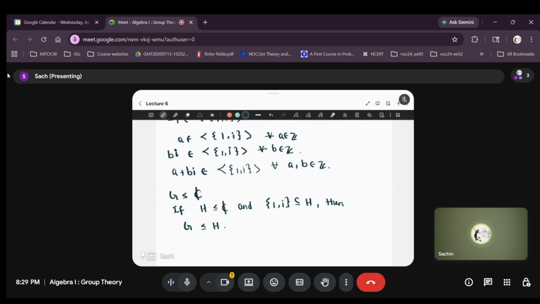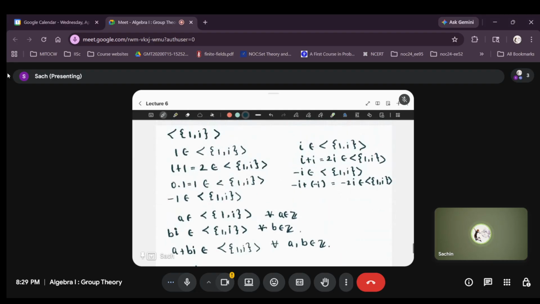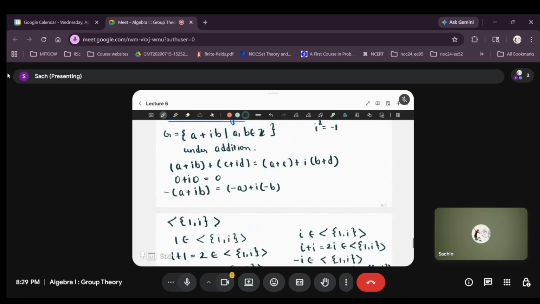Similarly, if there is some other subgroup that is not the complex numbers, but it contains 1 and I, it must contain the entire set of Gaussian integers. So the set of Gaussian integers is the smallest subgroup of the complex numbers with the least number of elements, you could say, such that 1 and I are contained in it.